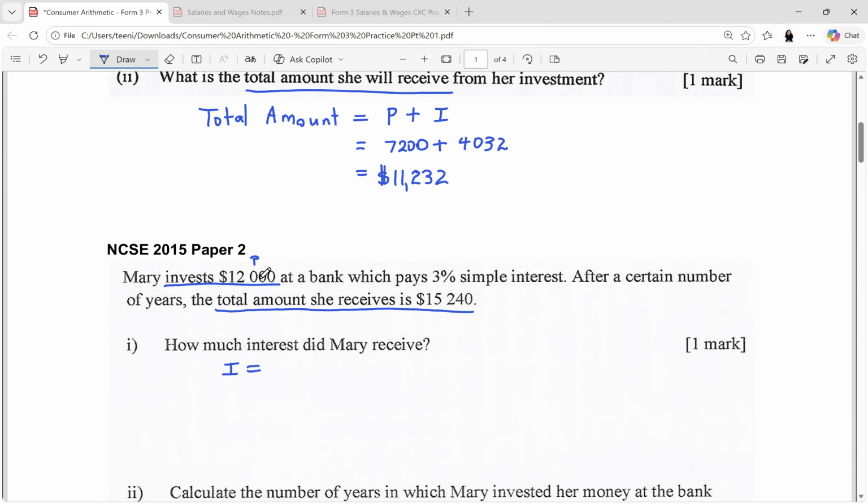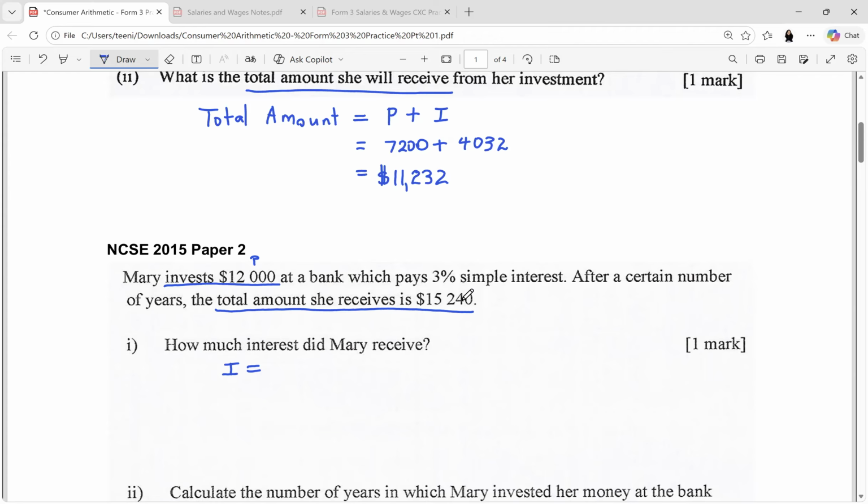So she invested 12,000, that's her principal, and the total amount that she received is $15,240. So you have to take it away. That's right, you'd have to take it away. Why? To find the interest, because the interest is the difference between the amount she invested and the total amount she received.